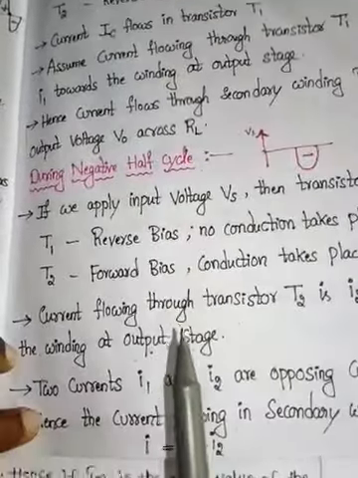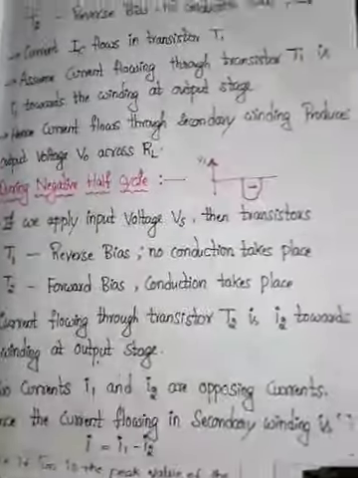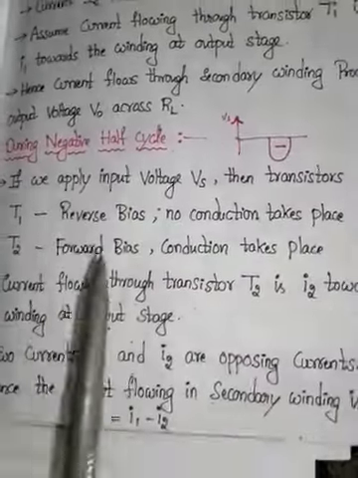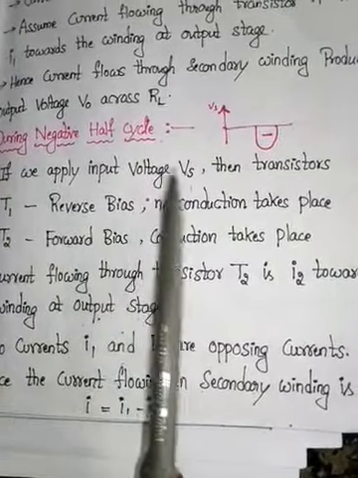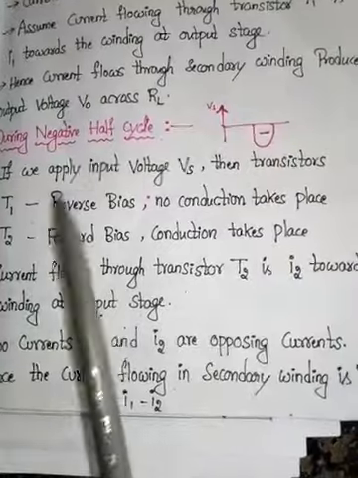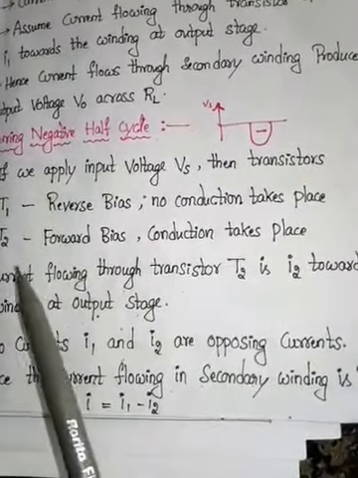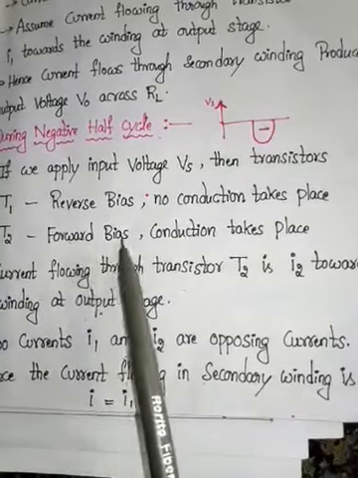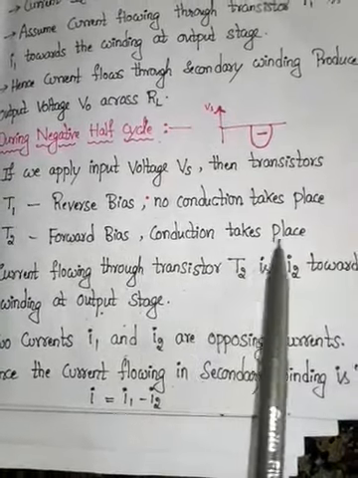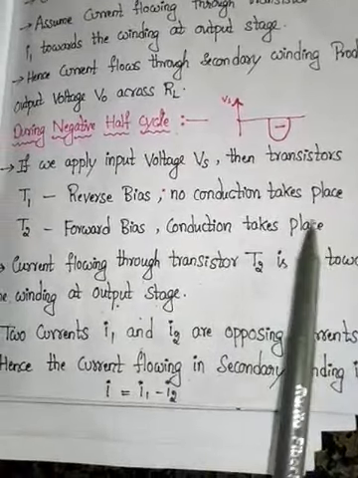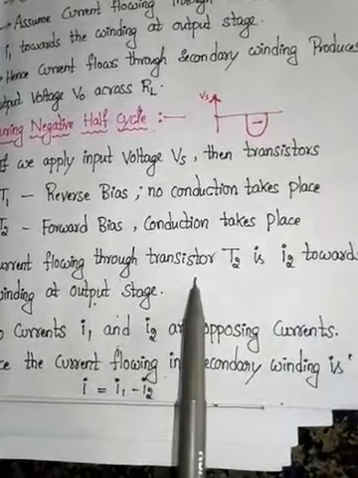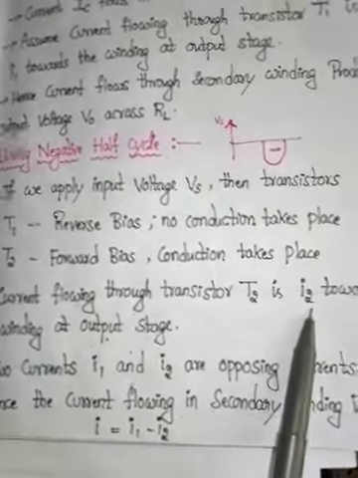In the same way, during the negative half cycle, if we apply the input voltage Vs, then the transistor T1 is reverse biased and no current flows, and the transistor T2 will be forward biased, so the current flows. The current flowing will be considered as I2.